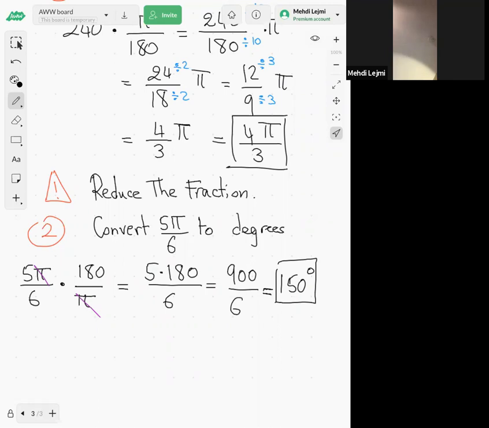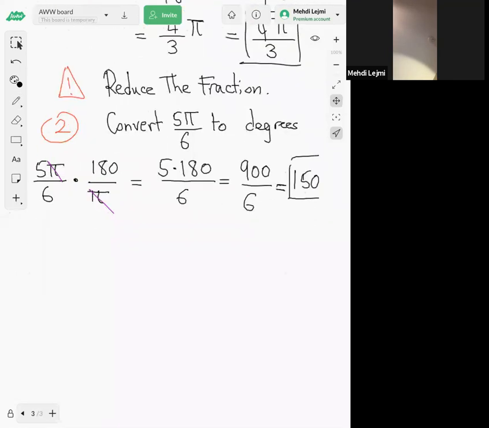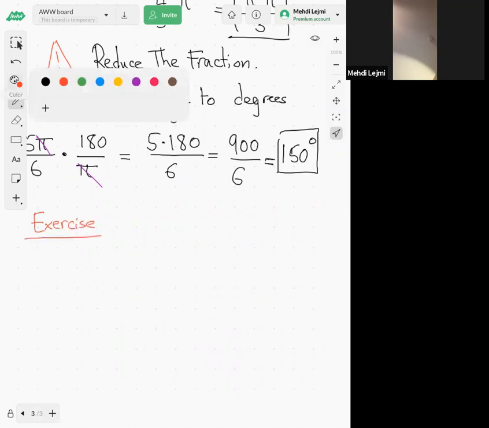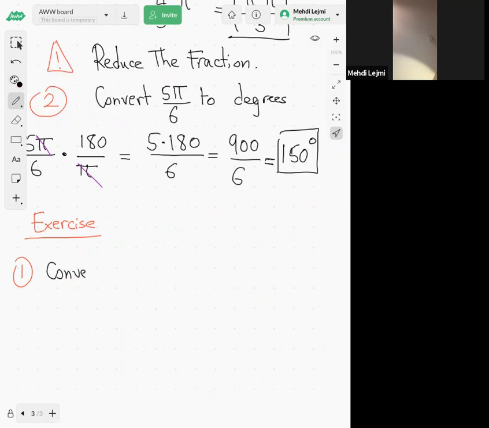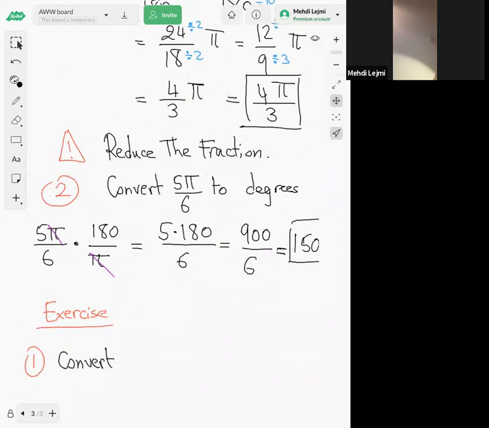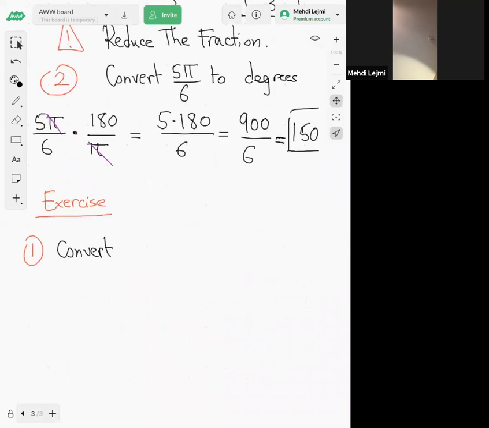Okay, so here's an exercise just to convert some angles. So please try to convert. First, let's start with degrees to radians. Let's say you want to convert 300 degrees to radians.